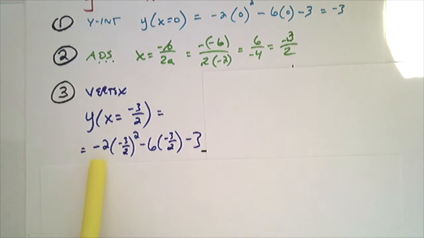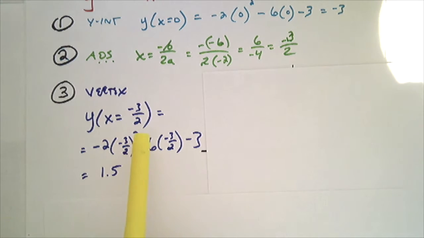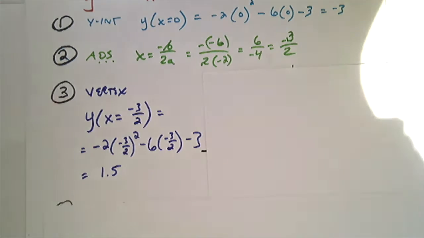So it would be negative 2 times x squared, where x is negative 3 over 2, then subtract 6 times negative 3 over 2, minus 3, and that would equal 1.5. So we have the vertex at the point negative 1.5, comma 1.5.